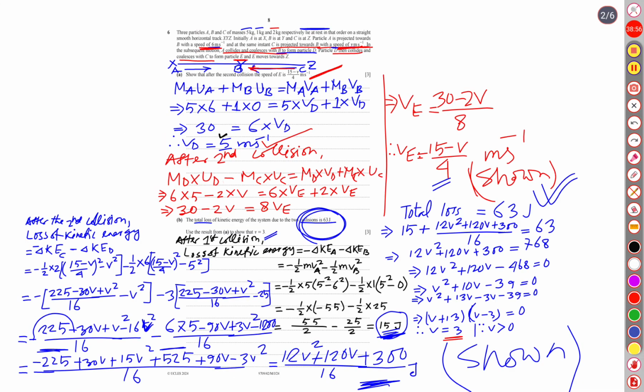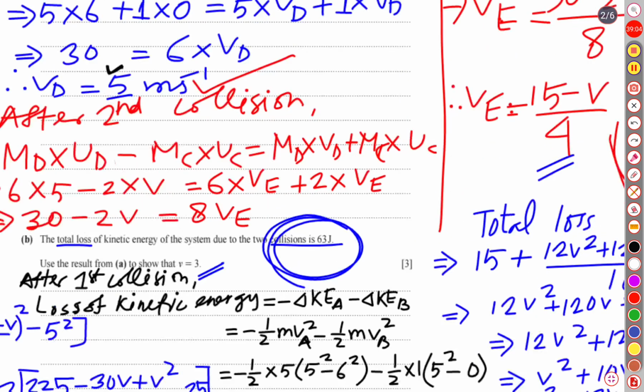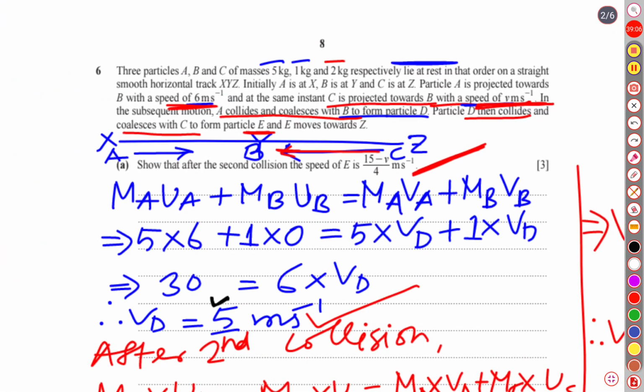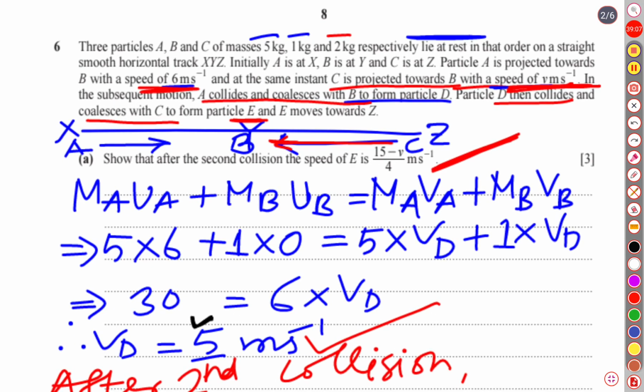Let's see the question again. It says that three particles A, B, C of masses 5 kg, 1 kg and 2 kg respectively lie at rest in that order on a straight smooth horizontal track.